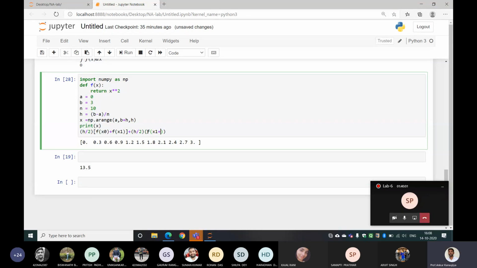I will write the final thing later. Similarly, in this interval, h by 2, f of x2 plus f of x3. In the last interval, f of x9 plus f of x10. Right? Yes, sir. Here I'm writing dot dot dot plus. Okay, so h by 2 is common in each, so I'm taking it common.